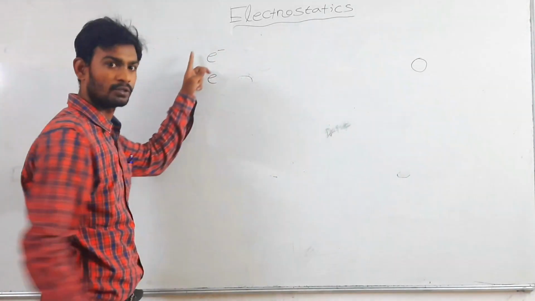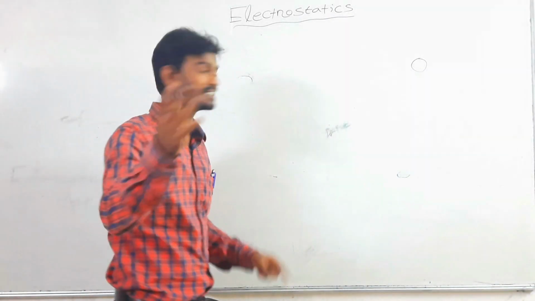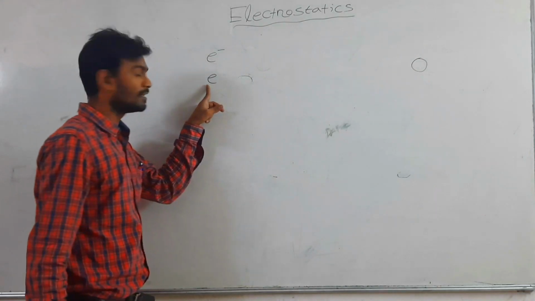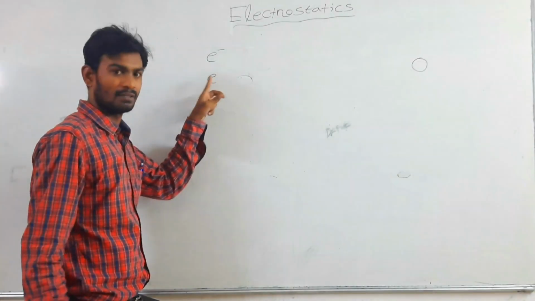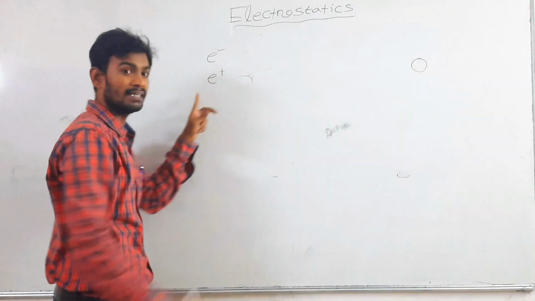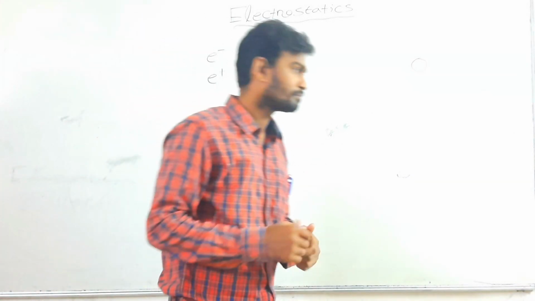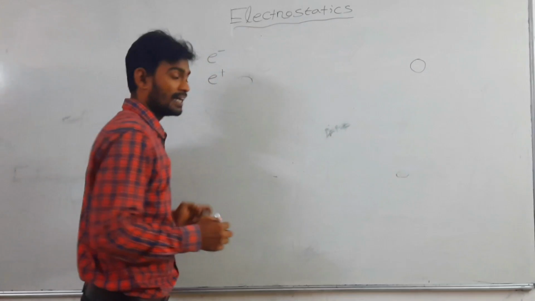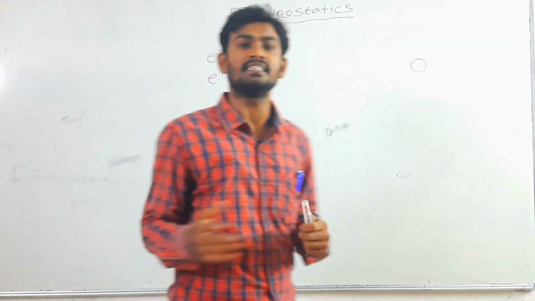If we denote e minus, you can understand it as an electron, and if we denote only e or e plus, then it is a proton. The unit of charge is coulomb.